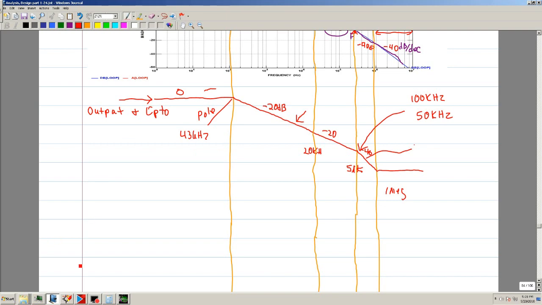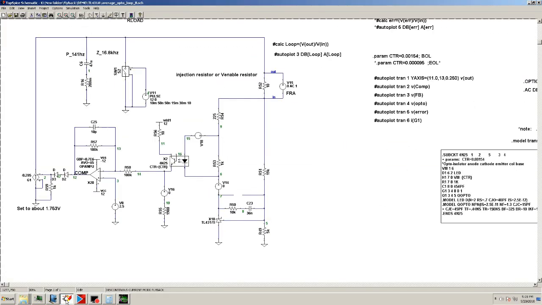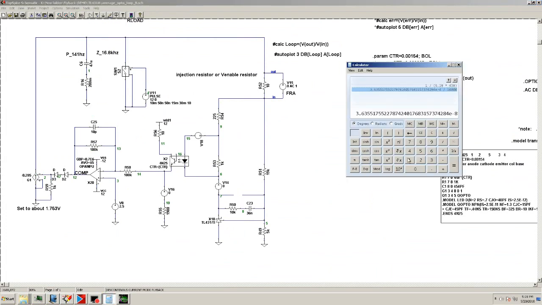Again, we'll do this. We're going to set it so it's 1 divided by 6.28, which is 2 pi, times 50 kilohertz, close parentheses. That's the time constant. And now we're going to divide it by 10,000.